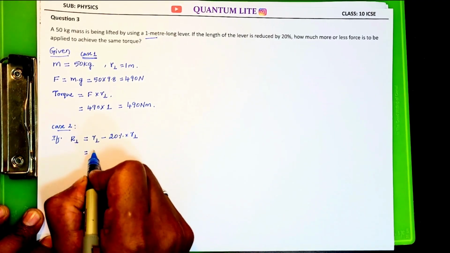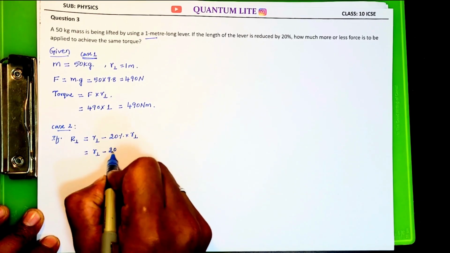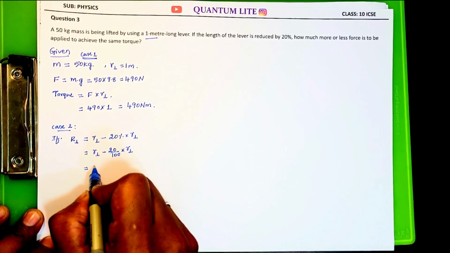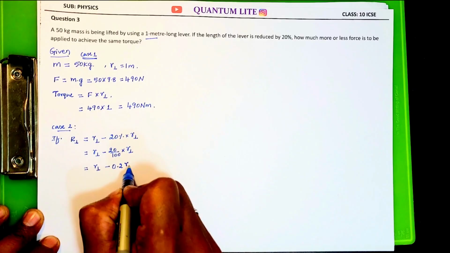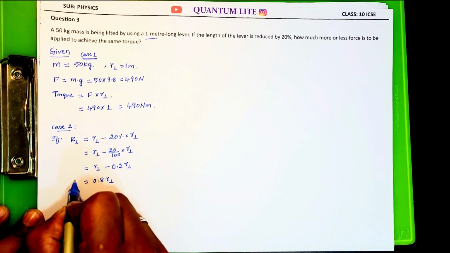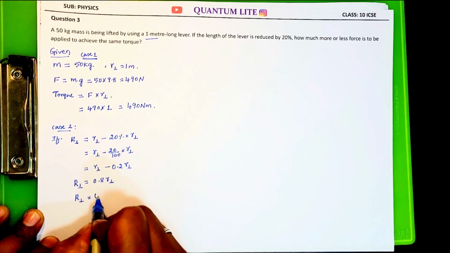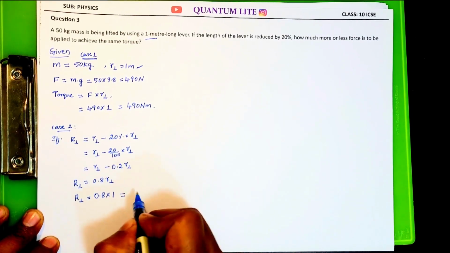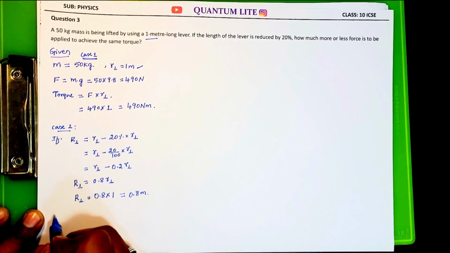That is the perpendicular distance minus 20 by 100 into the perpendicular distance, which is perpendicular distance minus 0.2 into perpendicular distance, that is equals to 0.8 times the perpendicular distance. So 0.8 into 1 meter is 0.8 meter. Now, let us find the torque.